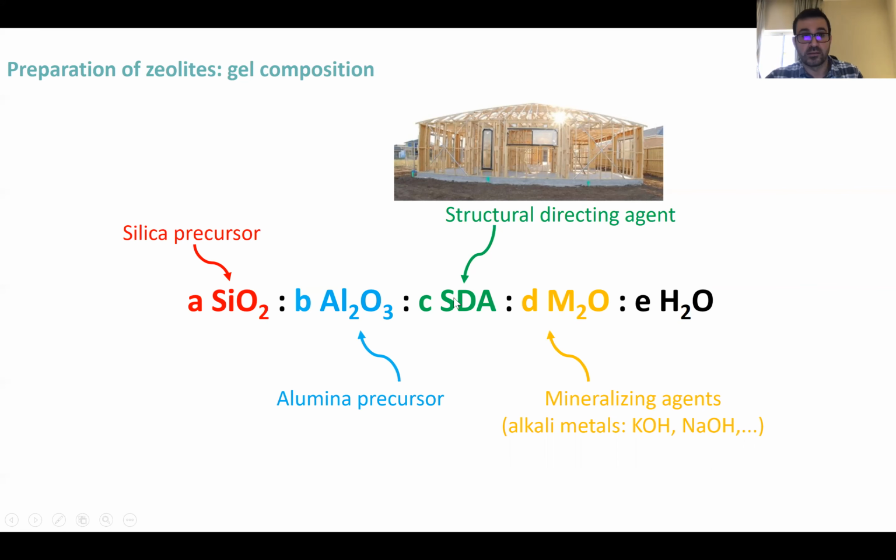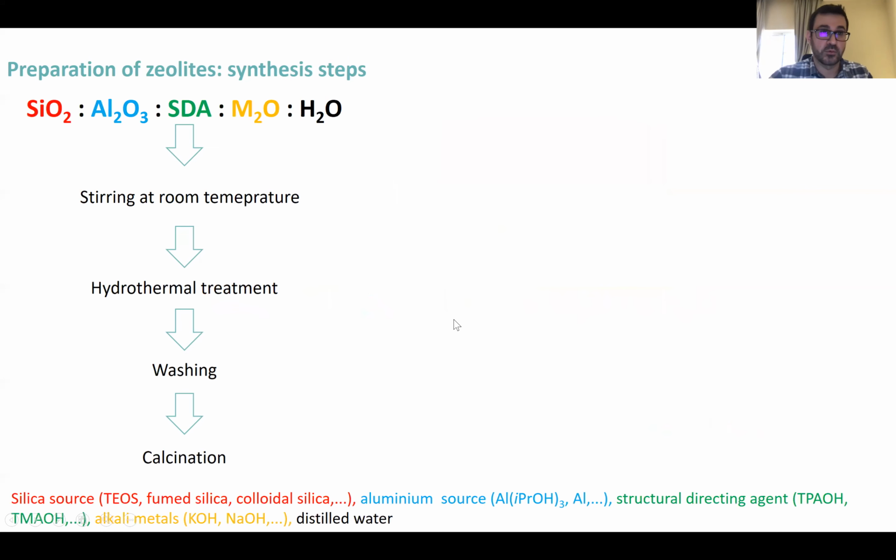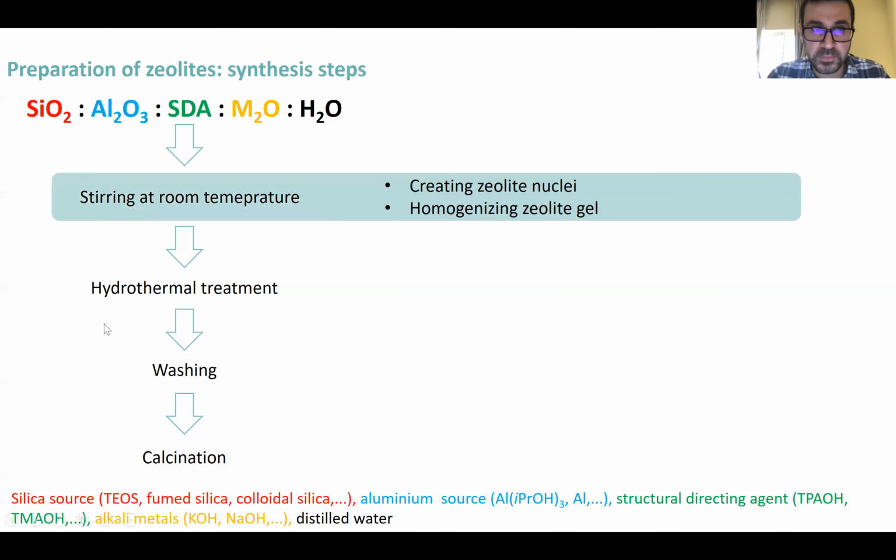Once you have all your ingredients and you mix them, we need to go through several steps. First, the zeolite is a very homogeneous structure, and you have to start by creating some nuclei. So when you prepare zeolite, you have to stir at room temperature.